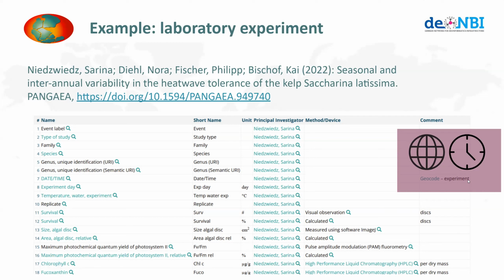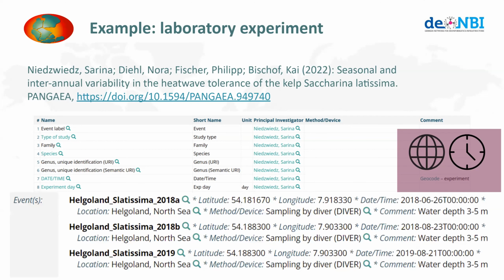But we need to know when and where the samples that were used for the experiments are coming from, and that information is stored in the so-called events. So here's an event label in your parameter table.